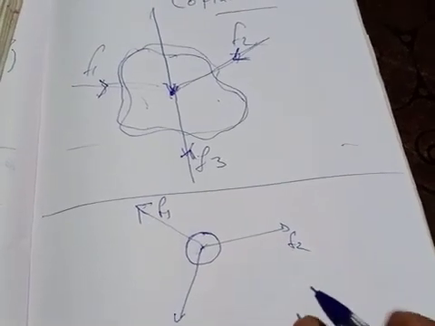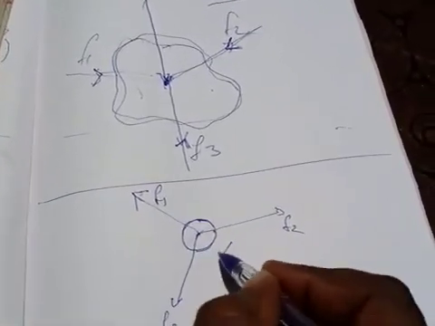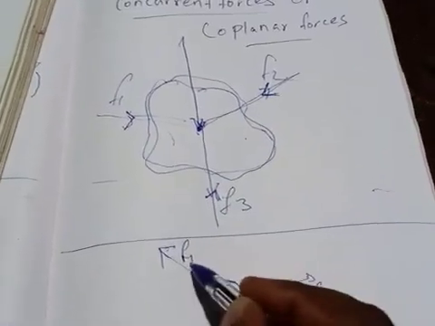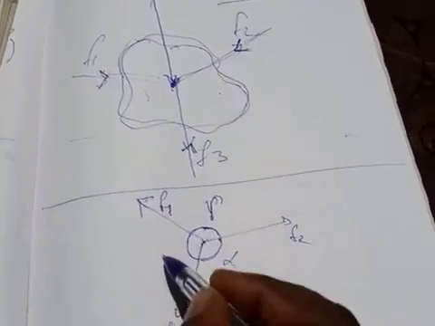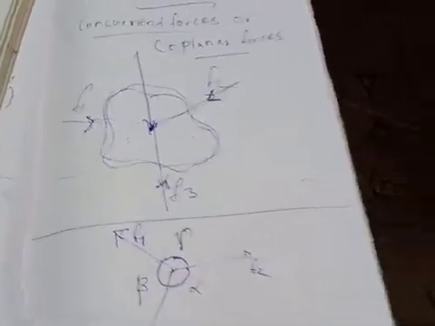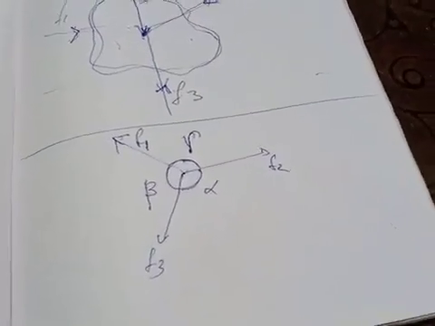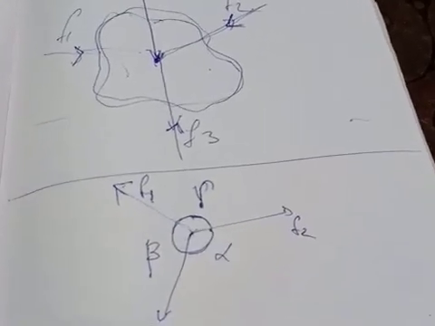Now what does Lami's theorem mean? You can tell that the angle between F3 and F2 is alpha, the angle between F1 and F3 is gamma, and this is beta. Just considering the three angles alpha, beta and gamma. Now what does Lami's theorem mean?